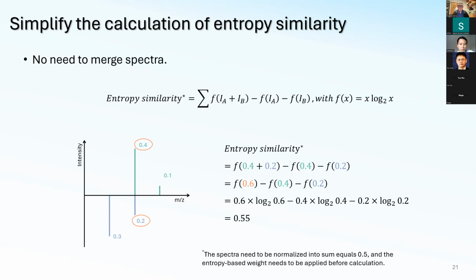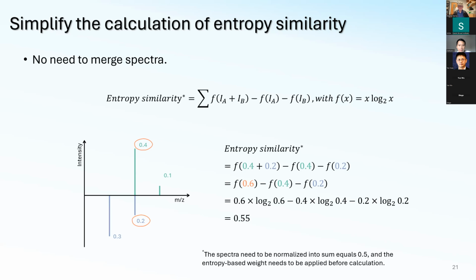To calculate the entropy similarity, first you take the 0.4 and 0.2 and add them together. Then you get 0.6. And then you calculate F(0.6) minus F(0.4) minus F(0.2). Here F(x) equals x times log2(x). And then you put 0.6, 0.4, and 0.2 into x times log2(x).